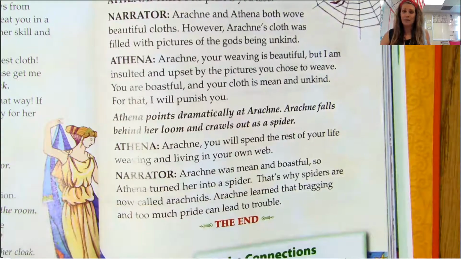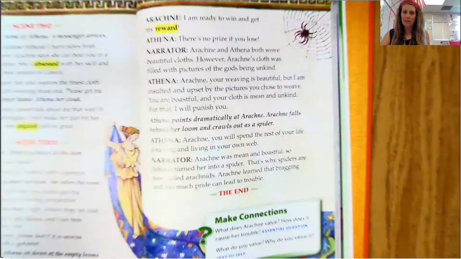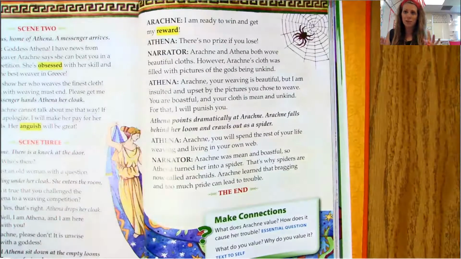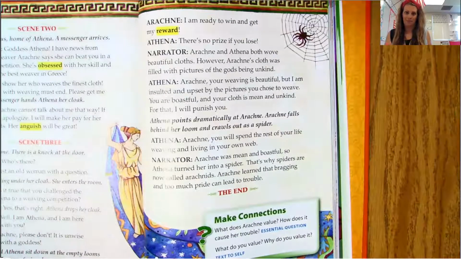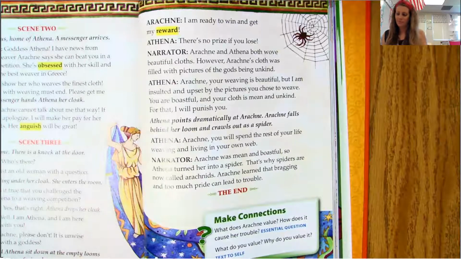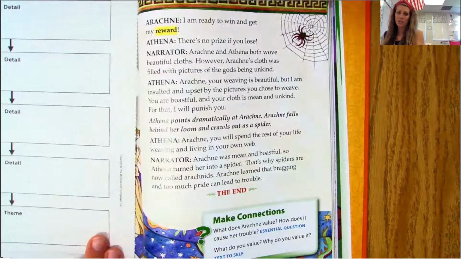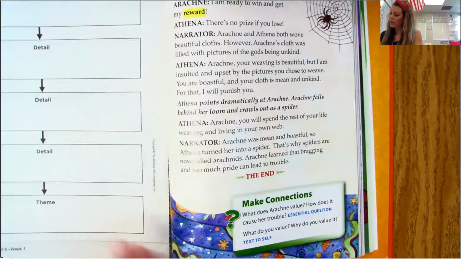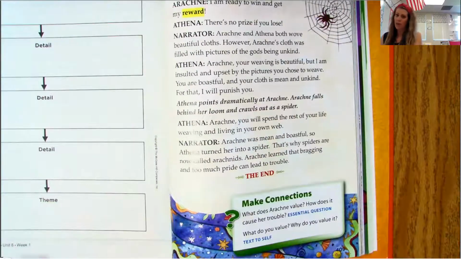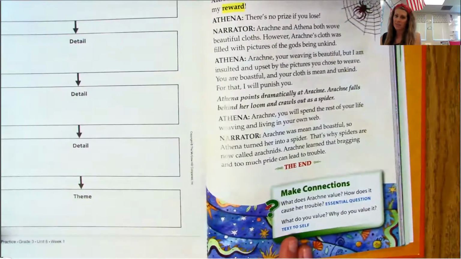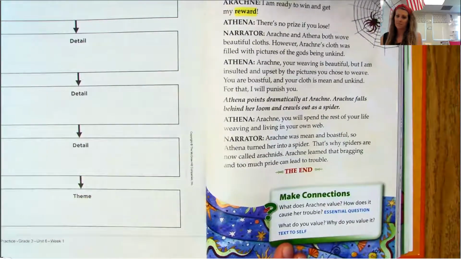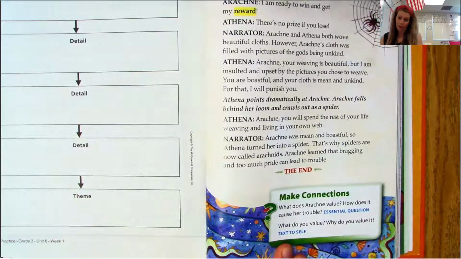So I am loving this myth because, guys, it pretty much tells you the theme, right here at the bottom. Take a minute, and what do you think the theme is? It's not, don't brag and you'll become a spider.